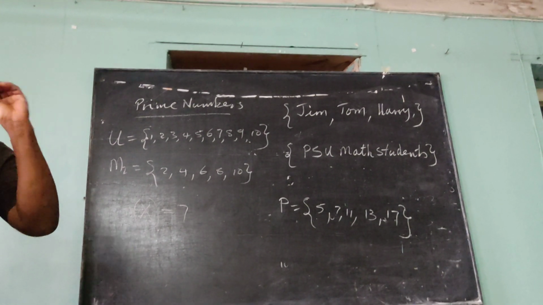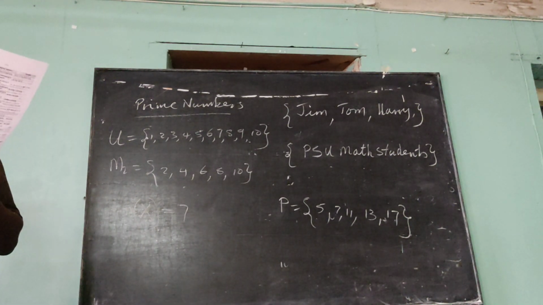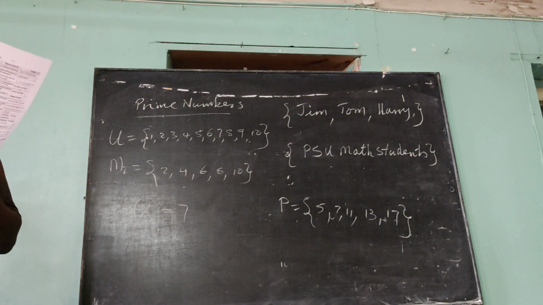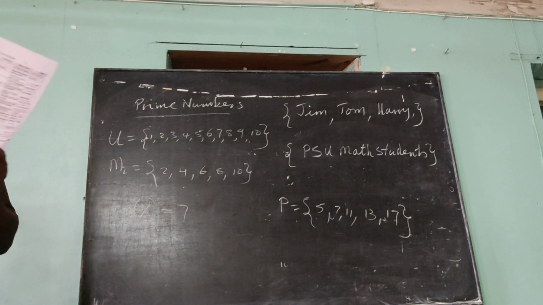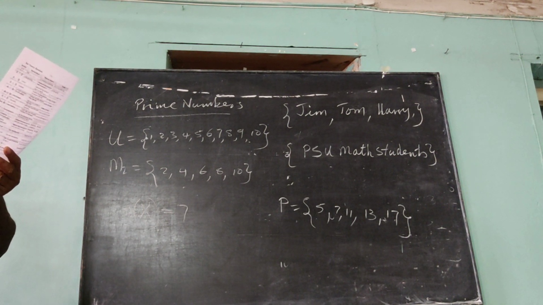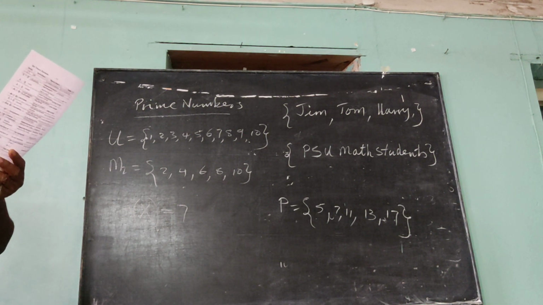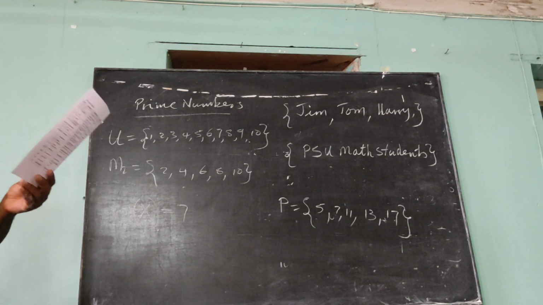So it's an infinite set. The number of elements in set Y is unknown. We say that Y is infinite since the series is continuous.